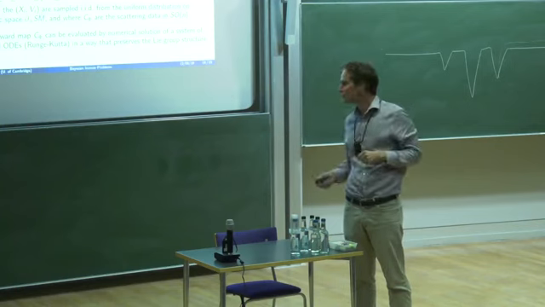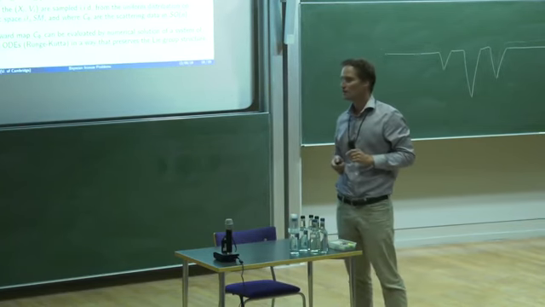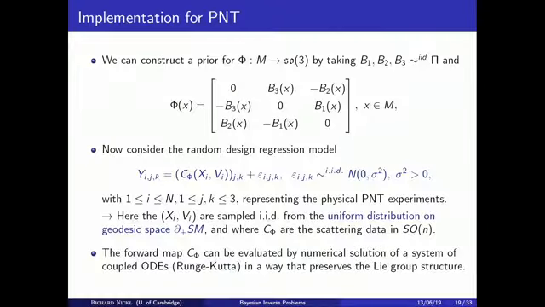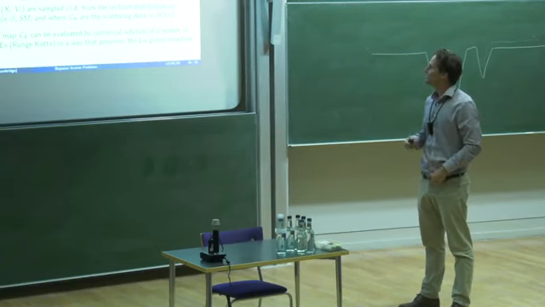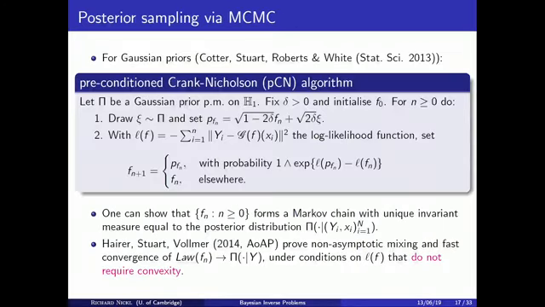So you want the solution to be in the compact Lie group SO3. And there are ways to do that. We explain this in the paper. I think Ari Iseles, who is a numerical PDE person here, knows these things much better. But there are standard ways to do this. So basically, if you think of the PCN algorithm, the only time your inverse problem or your nonlinear problem ever comes up is by computing this G of f.